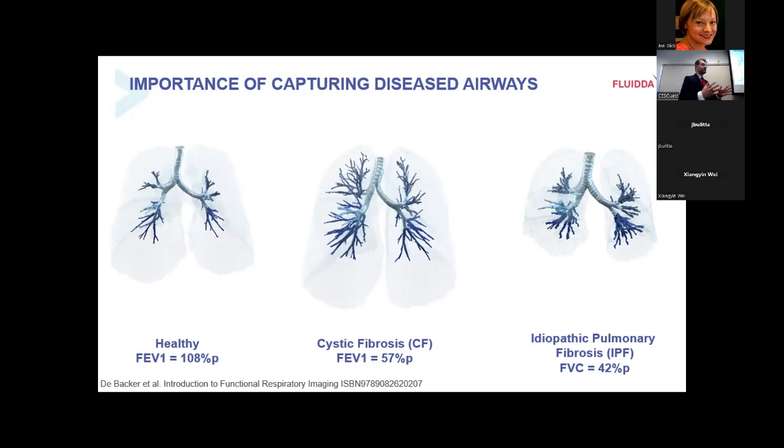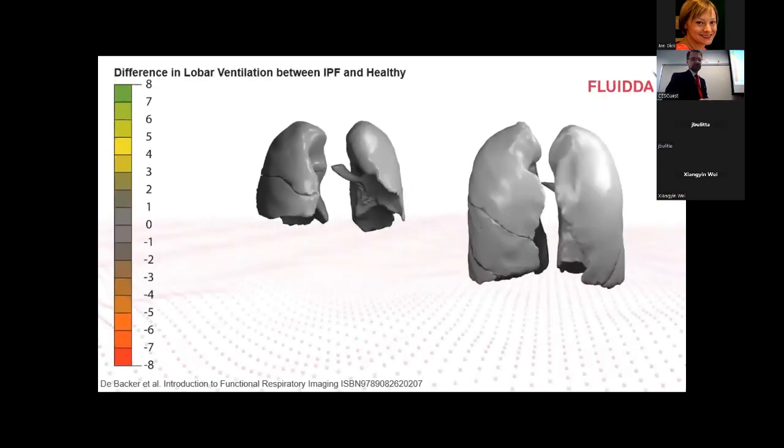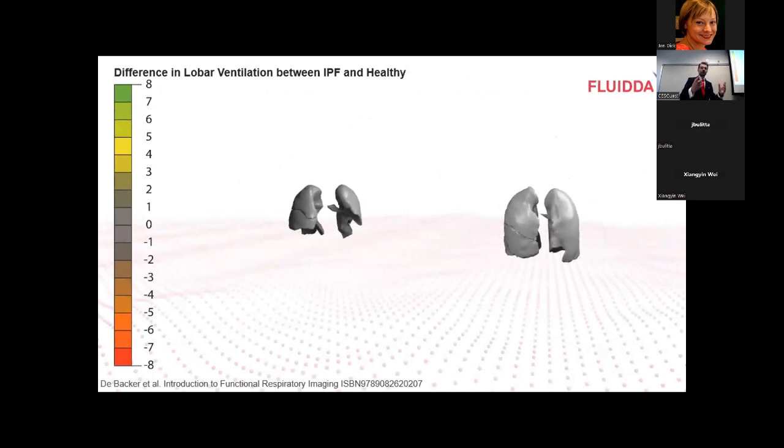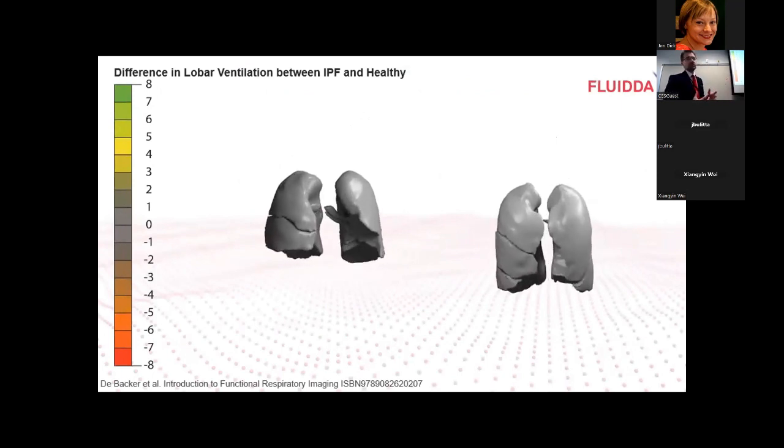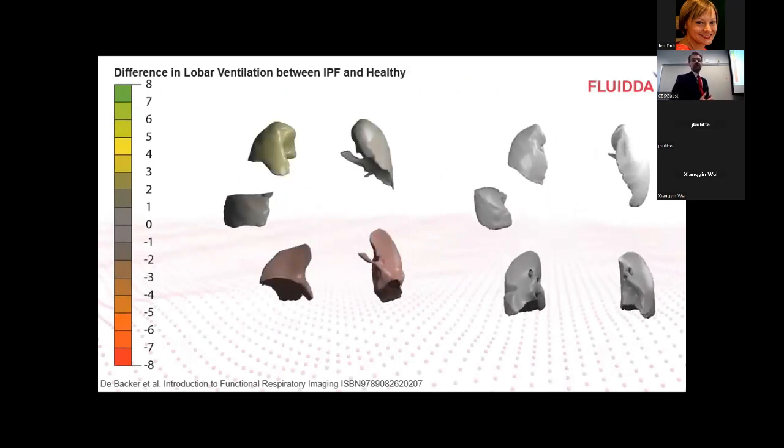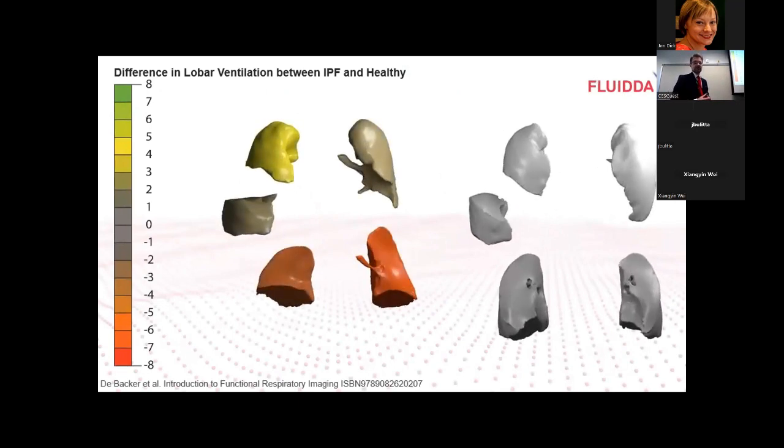IPF, you see traction bronchiectasis, restriction of the lung volume. So you typically see a reduction in overall lung volume. So a large level of heterogeneity that we can expect in these lung disease patients. If you look at the more functional components, so what you see here is the regional ventilation in an IPF patient compared to a matched healthy subject.